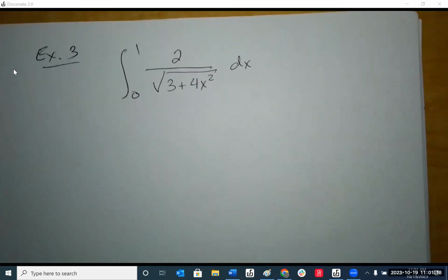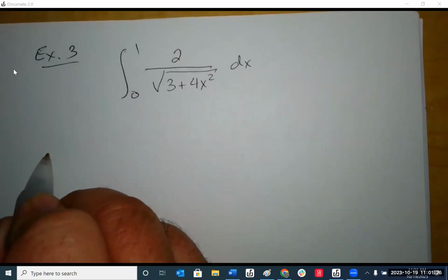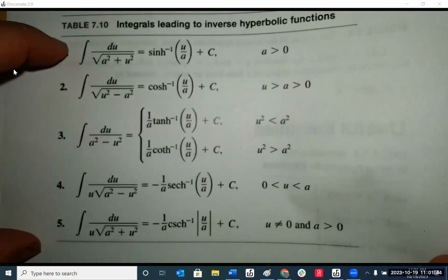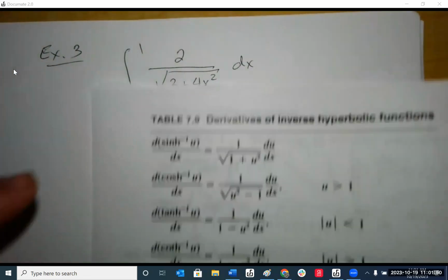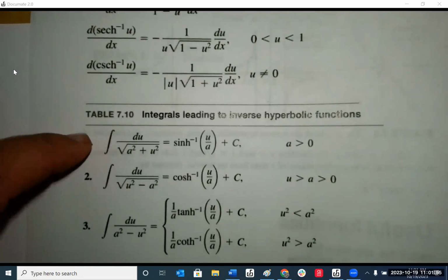It said evaluate. So which one? We're doing integrals, so I've got to use one of these. Integrals go to derivatives, so we're going to see how they relate.